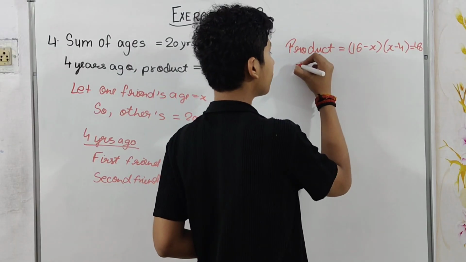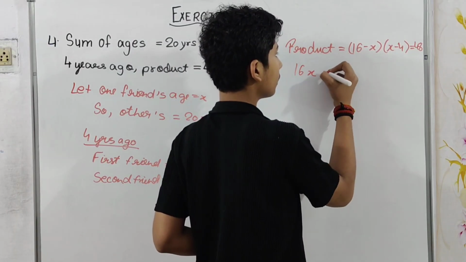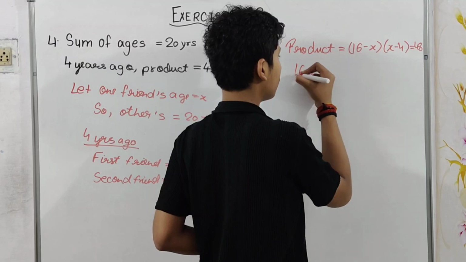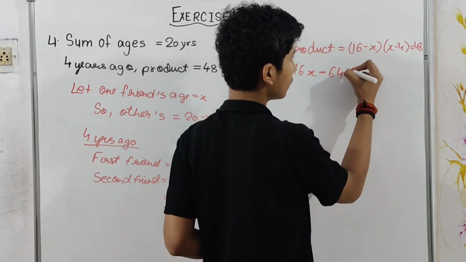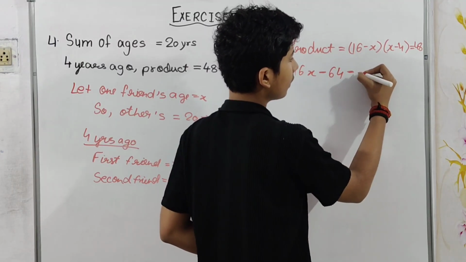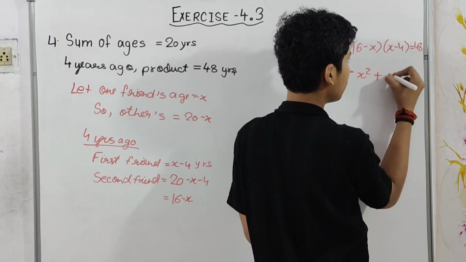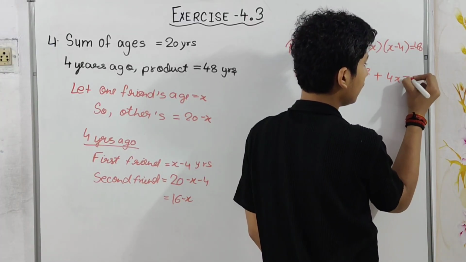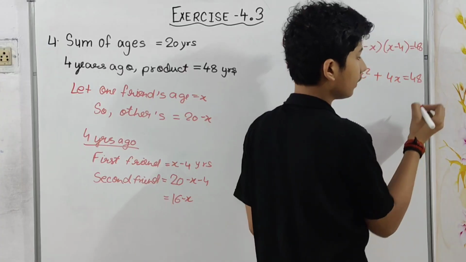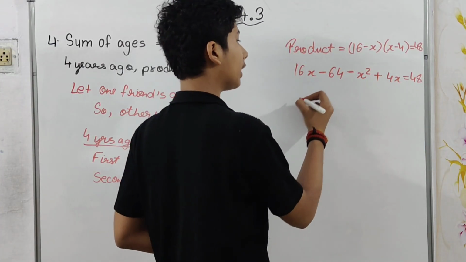Now 16X minus 64 minus X square plus 4X equals to 48. Okay, now let's solve this.